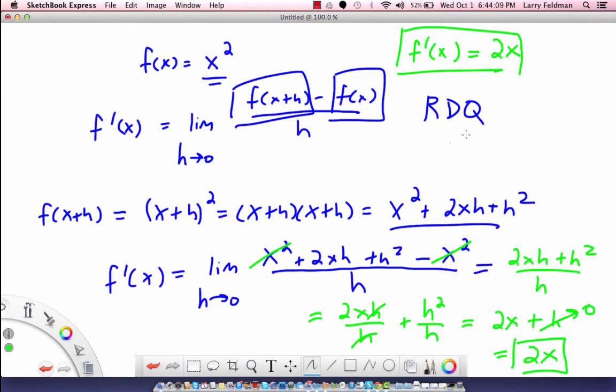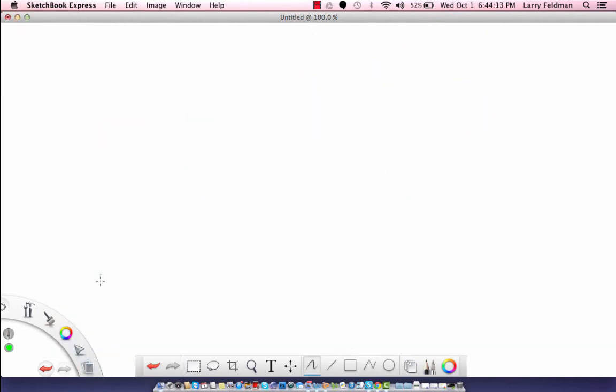So, for example, let me clear this out. f prime of x equals 2x. So f prime of 1, we substitute 1 in for x, is 2. f prime of 2 is 4 by subbing in here.